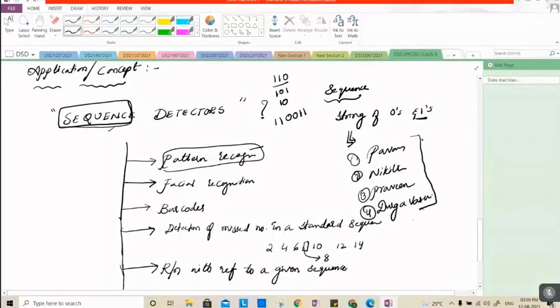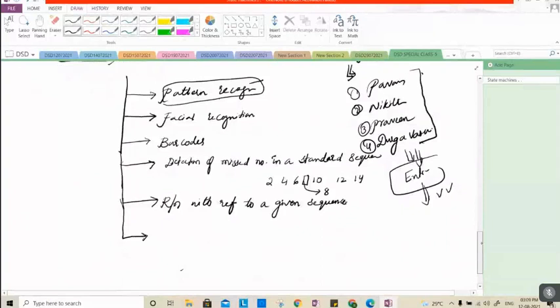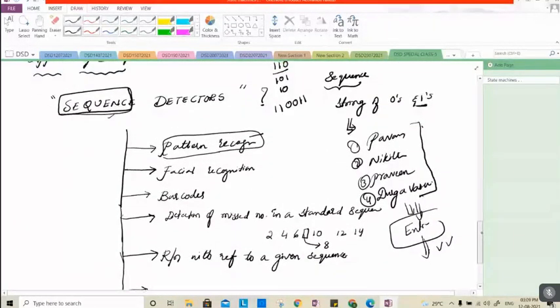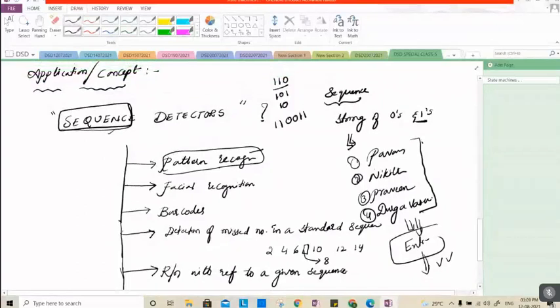If these 4 members enter from an entrance, then this particular thing will get activated, and the alarm gets indicated. So where and how will we be doing this?